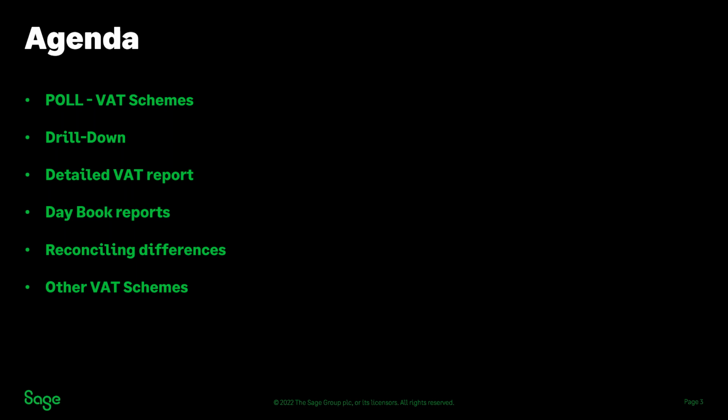I'll also be explaining which day books you need to run to be able to reconcile to your VAT return and how you go about trying to reconcile any differences you might find. And then finally, we'll touch on other VAT schemes. Now, if you are on a VAT scheme other than standard, the session will still be useful to you because the principles involved in the reconciliation are much the same. There's only some slight differences.